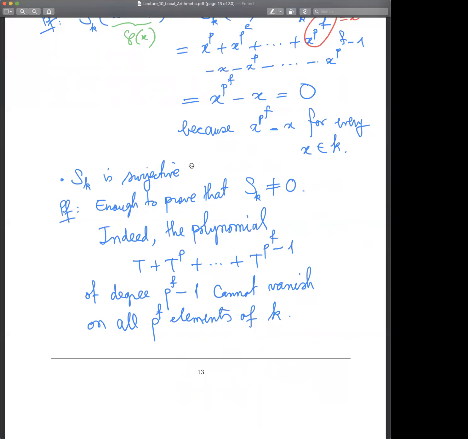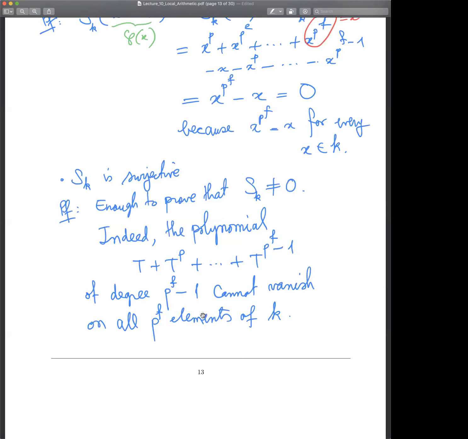Okay, so the trace map, let's look at the zeros of this polynomial. The zeros of this polynomial are exactly the elements of k which have trace 0, more or less. I mean, this is the definition. But this is a polynomial of degree p to the f minus 1, q minus 1. That's the degree of this polynomial.